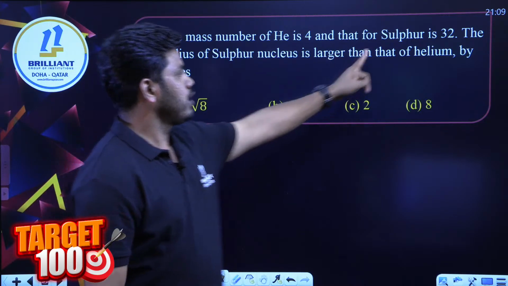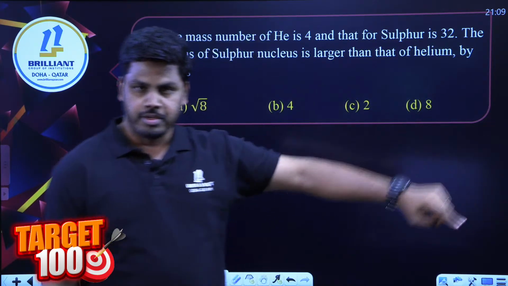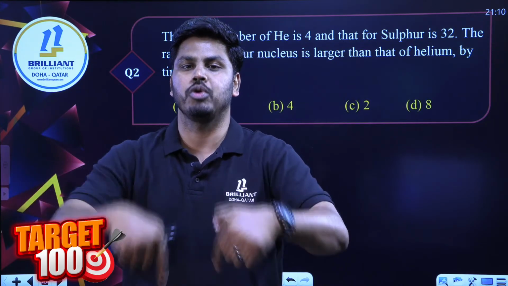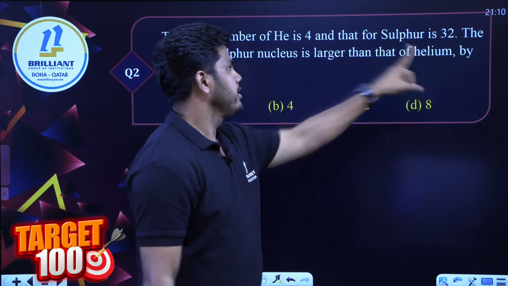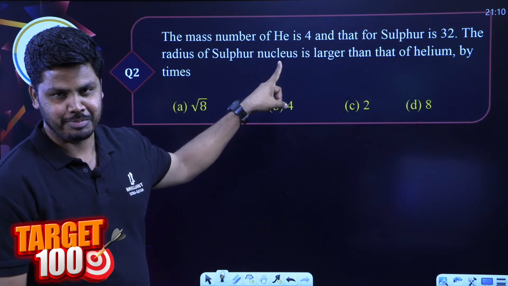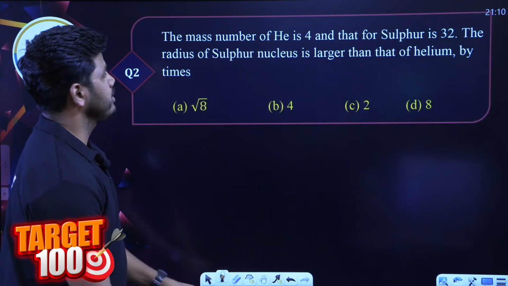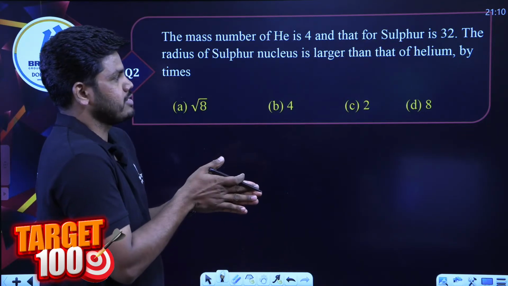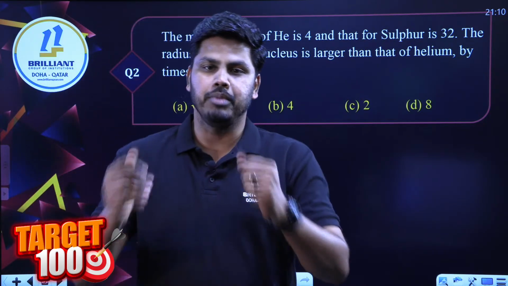That's the mass number. And for sulfur it is 32, so the nucleus of sulfur should be big enough to accommodate 32 nucleons. Definitely it is bigger than that of helium. That was the concept, right? And you're asked to find the ratio, basically how big the sulfur nucleus is compared to the helium nucleus.